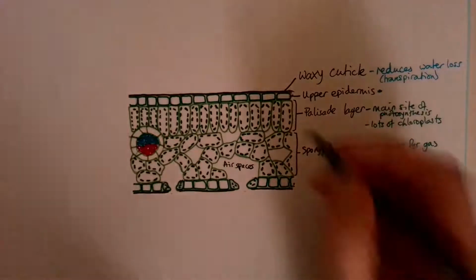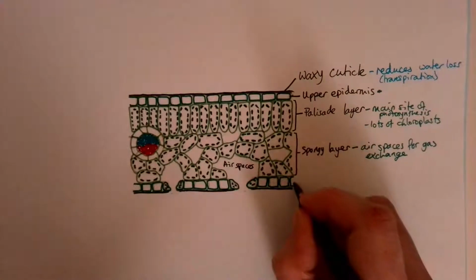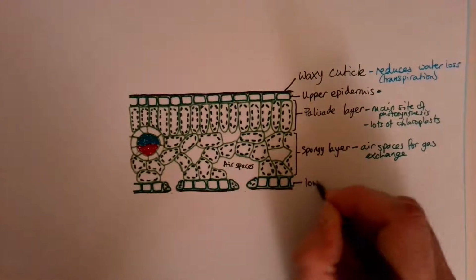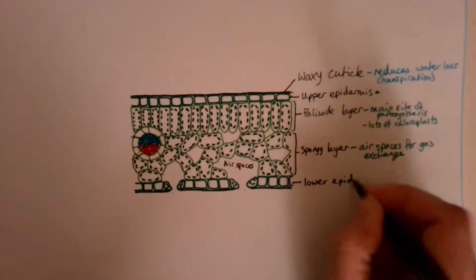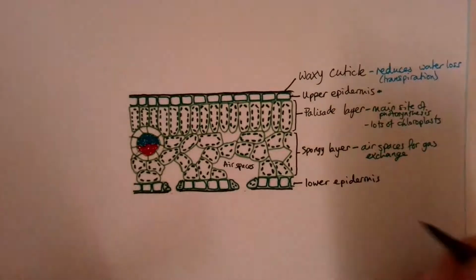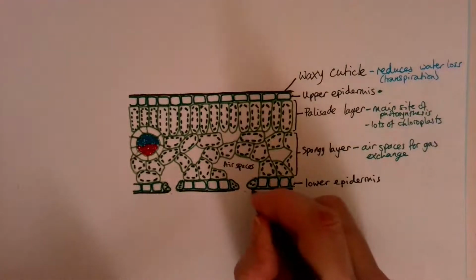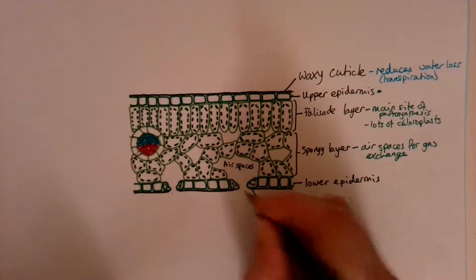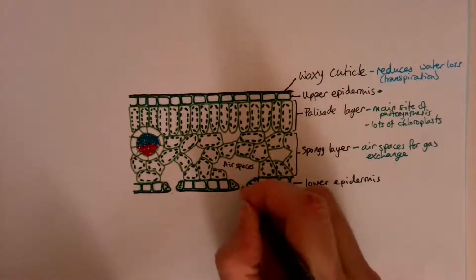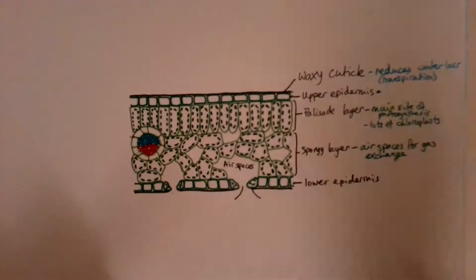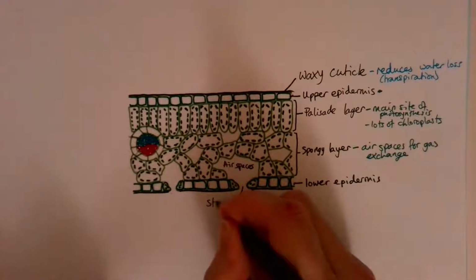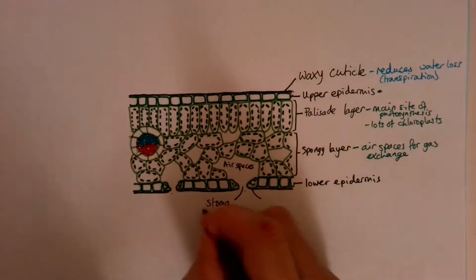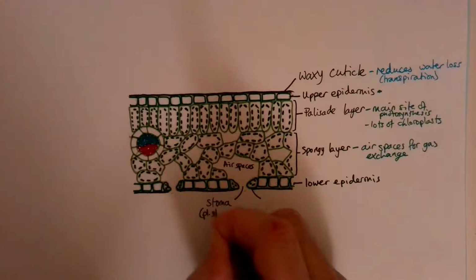Then at the bottom, mirroring the upper epidermis, we've got a very similar layer here, the lower epidermis. And within this layer we've got these little pores in the bottom, which are called stoma, or the plural for that word is stomata.